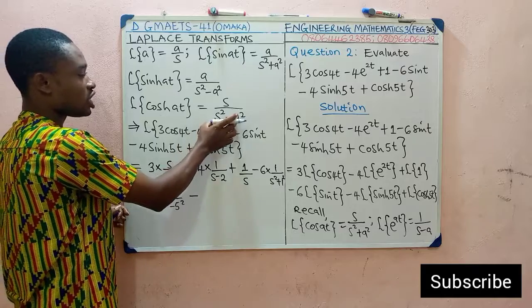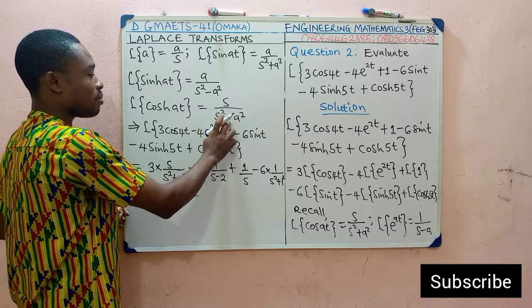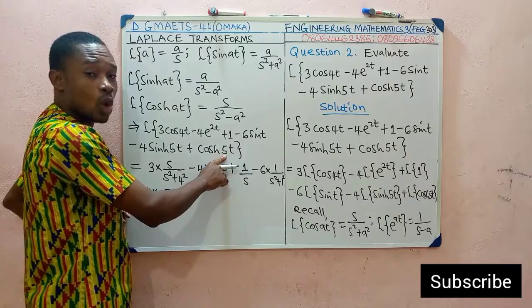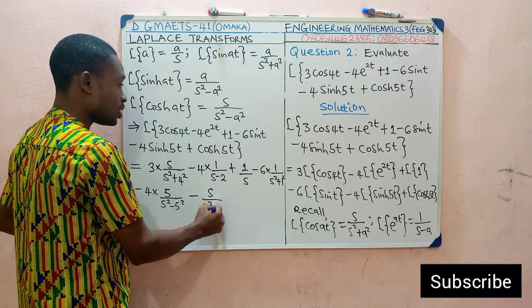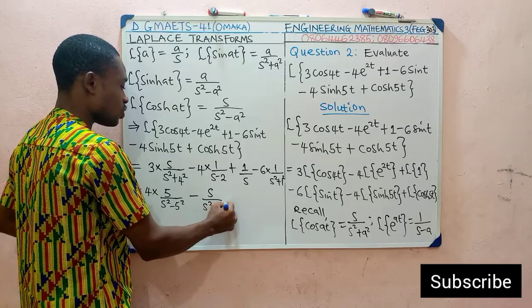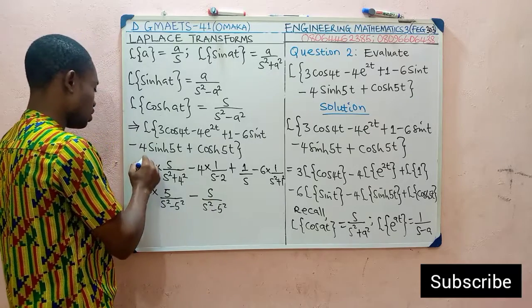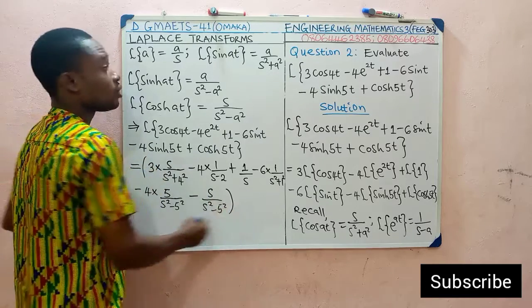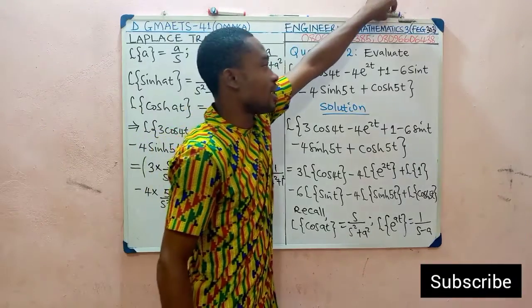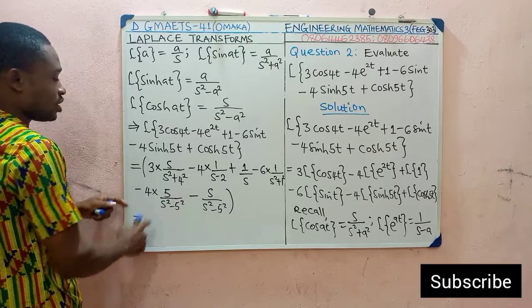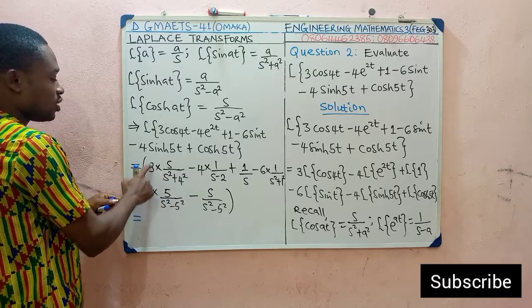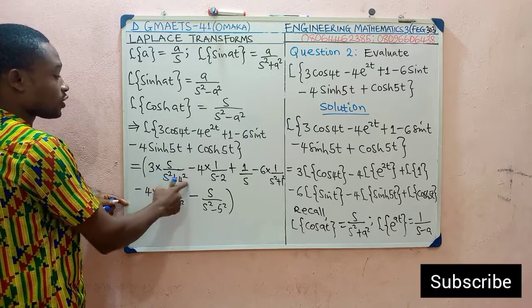Once again, we have that of cosh here, s over s squared minus a squared. Our a is 5 here. So it's going to be s all over s squared minus 5 squared. Good. This is what we've obtained. The next is to simplify. So this is going to be equal to, let's get a value, this term will give us 3s all over s squared plus 4 squared.